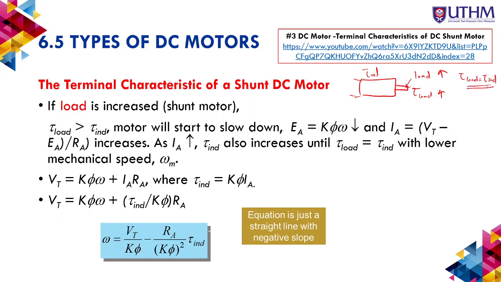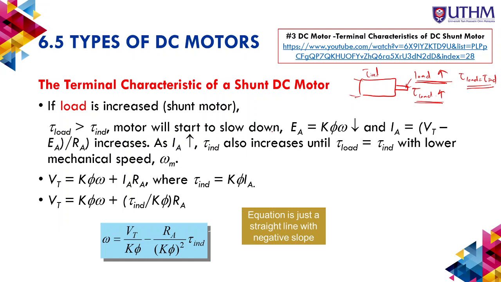This is the normal situation in the steady state. Then you put some load, and the load increases. So the torque load will be more than the torque induced. Once this happens, the motor will start to slow down.